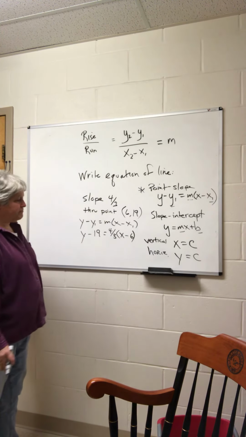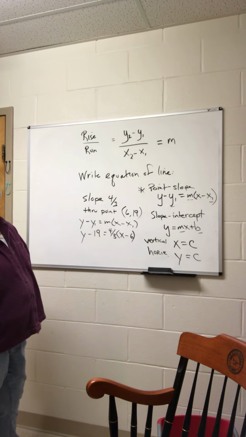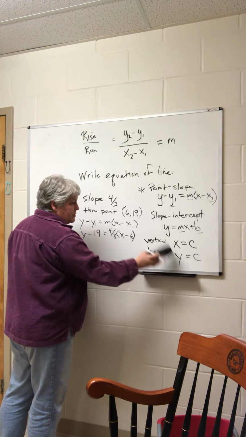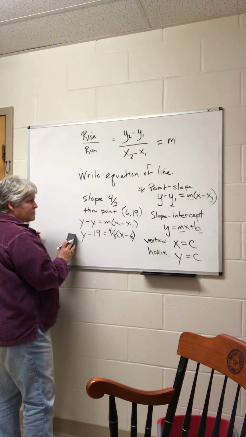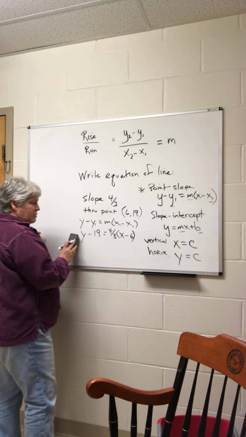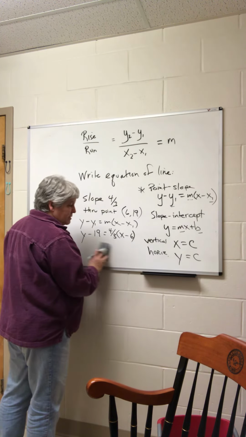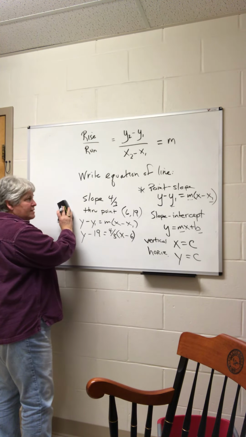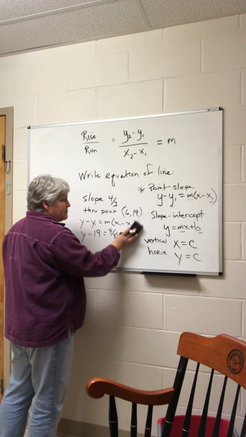You're all done? That's all there is to that. So you use this in a rare circumstance if you're given the y-intercept and you're given the slope, but all other times you're pretty much using this, unless you're in either a horizontal or vertical situation, which always takes these particular forms.